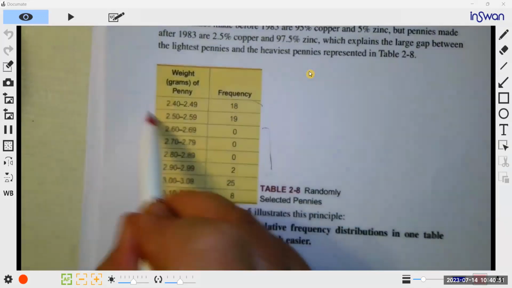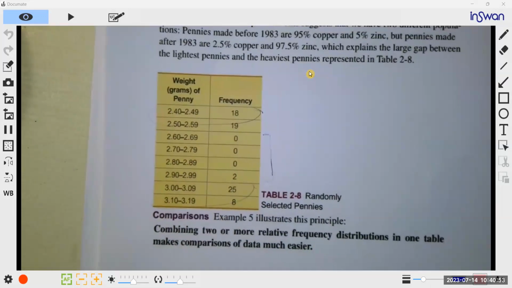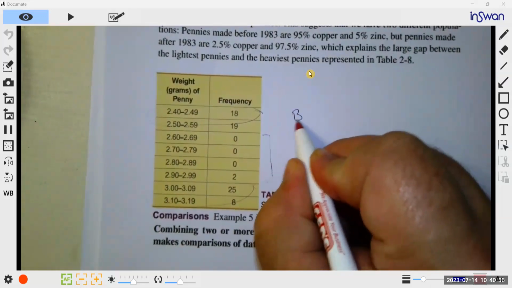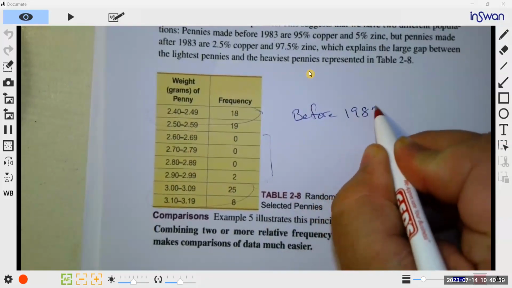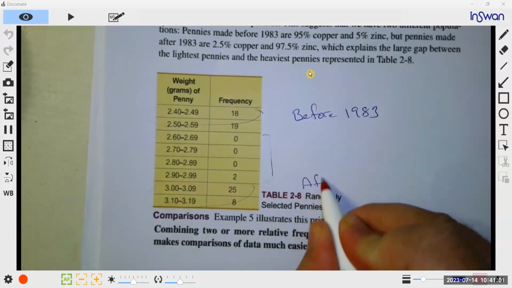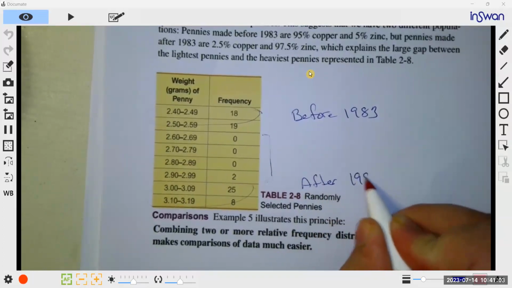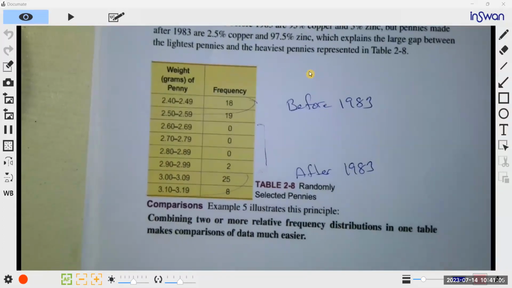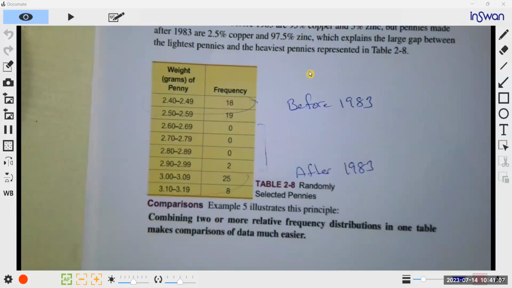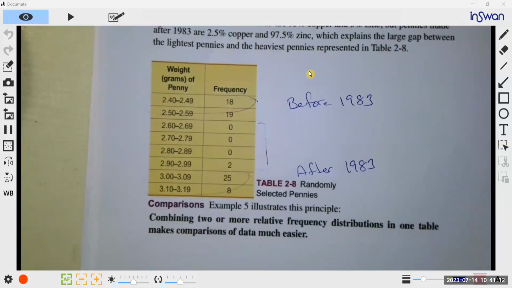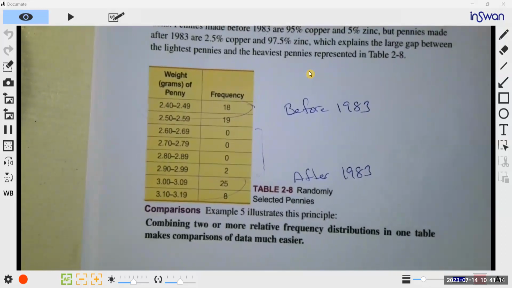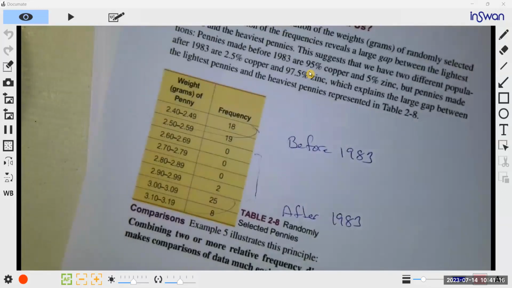We have one here and we have one here: before 1983 and after 1983. Instead of having 2 separate charts, we could put them on one, and then it'd be easier to come up with a conclusion that way.